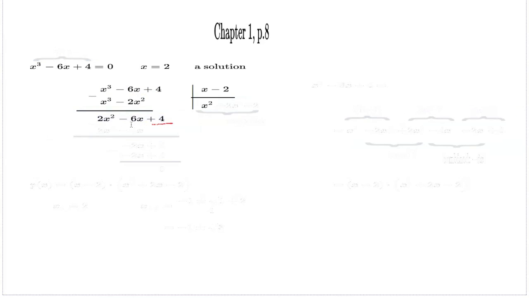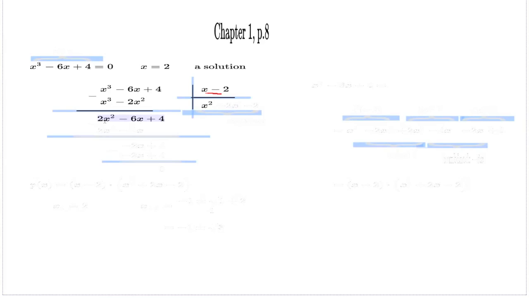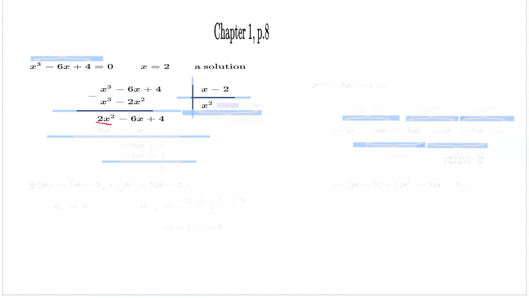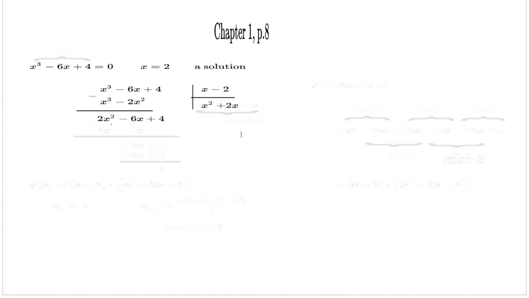Now you look at this latest polynomial and you do the same thing you did with your initial polynomial. You just try to guess an extra factor, which if you multiply this extra factor by your x take 2, you will cancel out this highest power of x here. Obviously this factor is 2x.